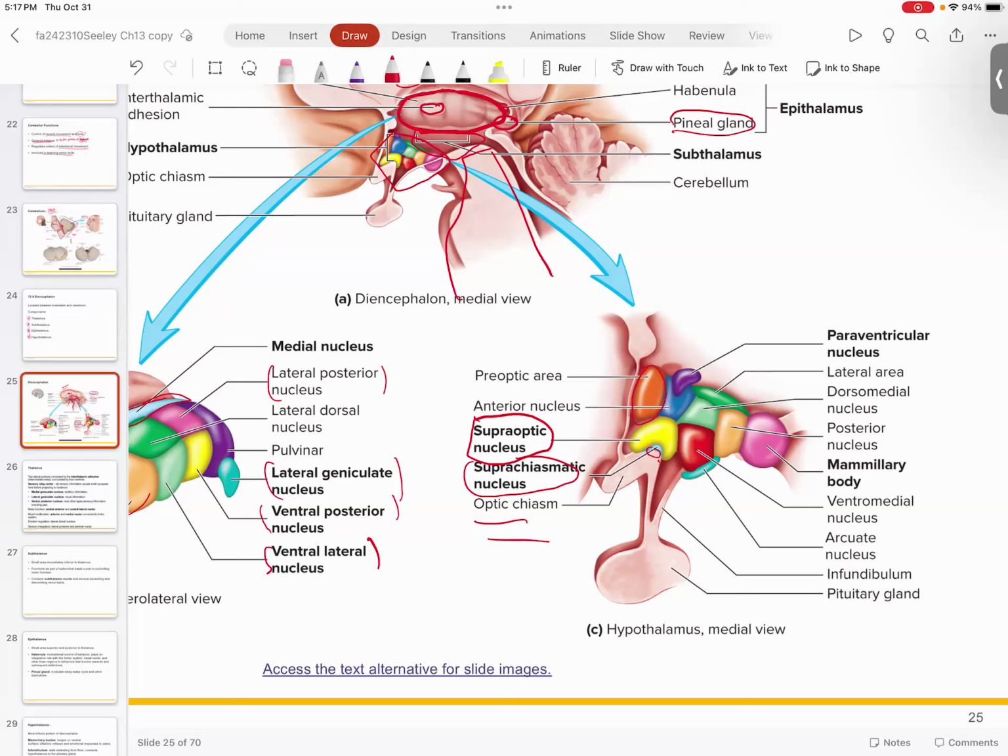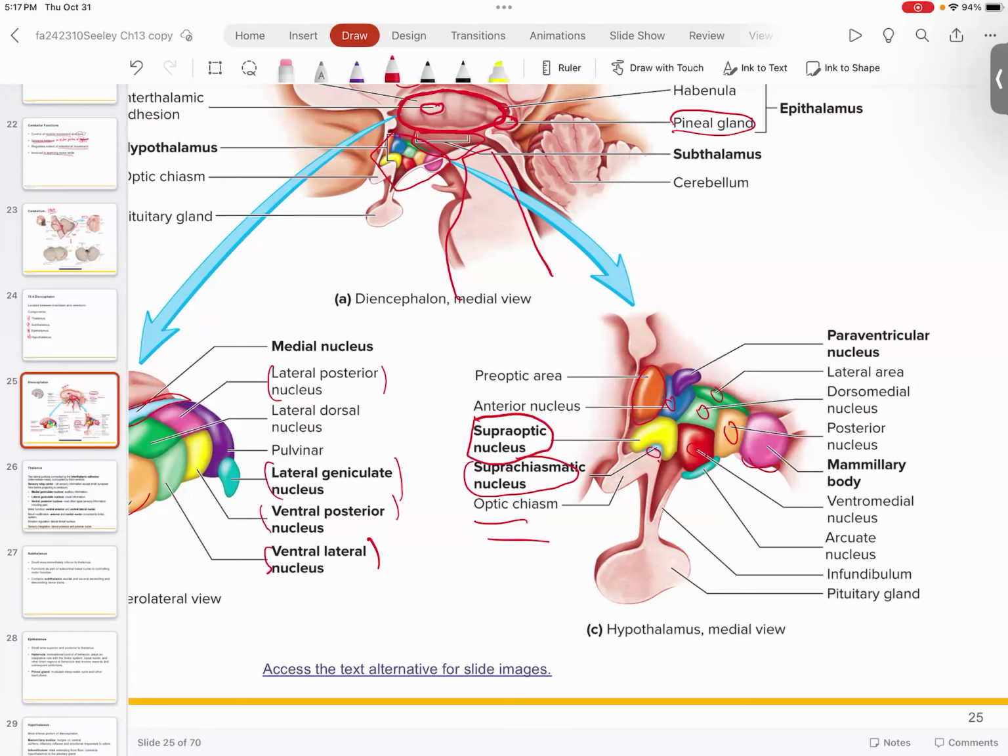And so we hear a lot of work on these two nuclei, especially the suprachiasmatic nucleus. You also have the anterior nucleus, which is this blue guy right here, the ventromedial nucleus, which is the red guy, the dorsomedial nucleus, and the lateral area, as well as the posterior and now the mammillary body.